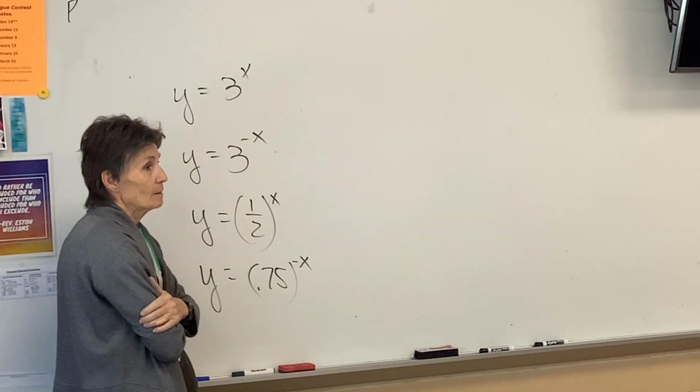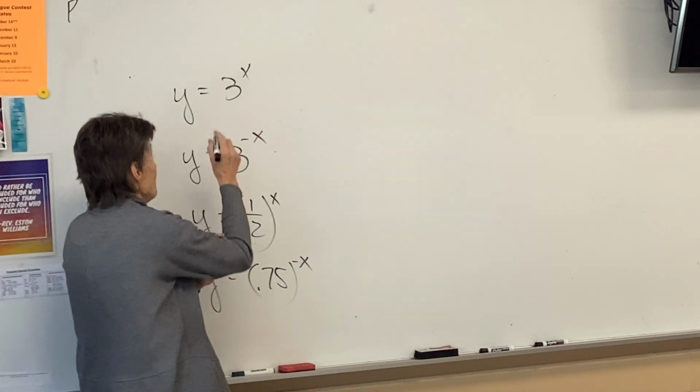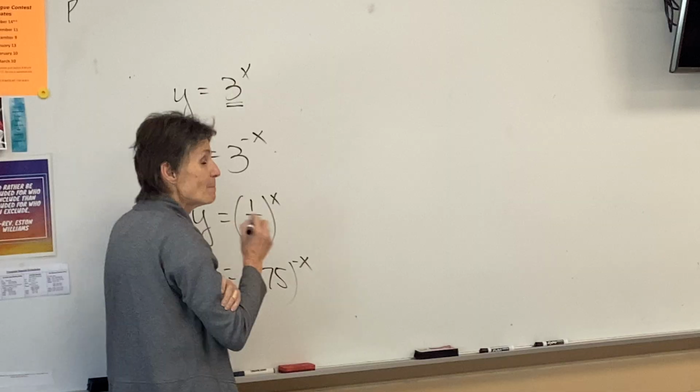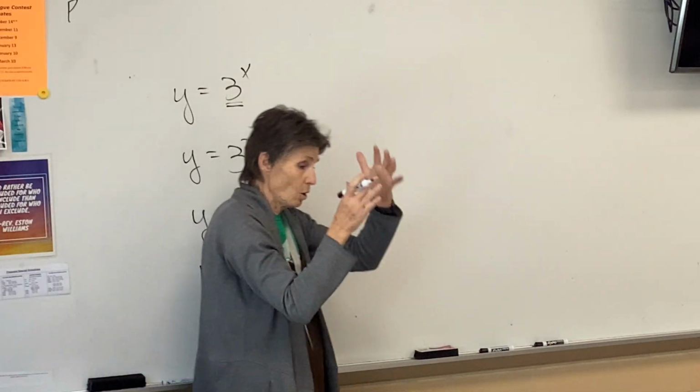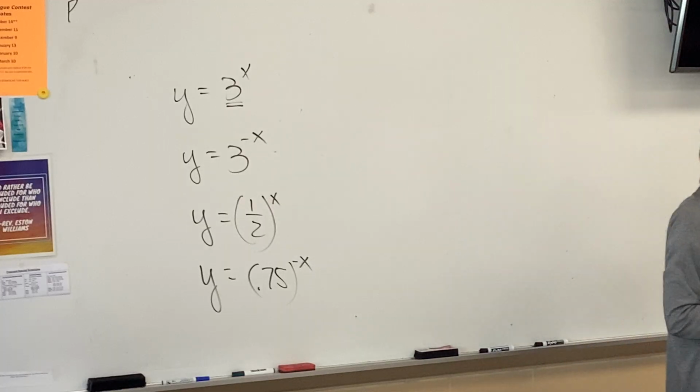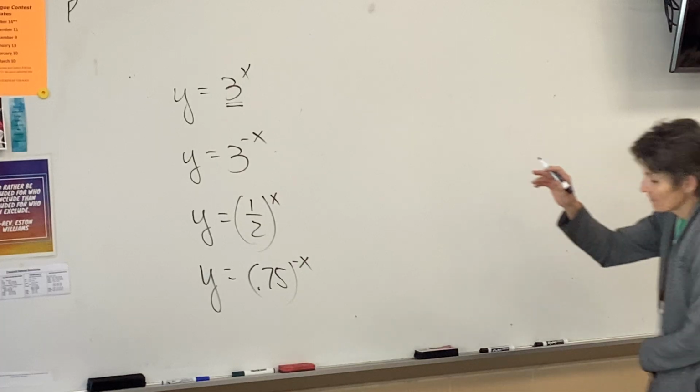Now, the base of the exponential here is 3. That means that as we go from term to term, we keep multiplying by another 3. 3 to the first, 3 to the second, 3 to the third. Are those numbers getting bigger or smaller? Bigger. This is an example of exponential growth.